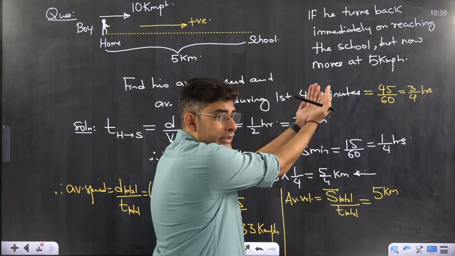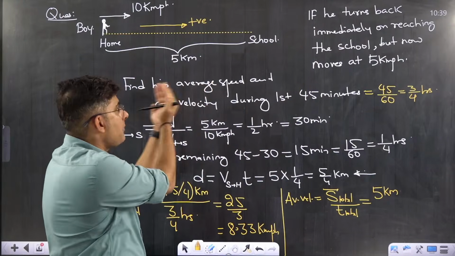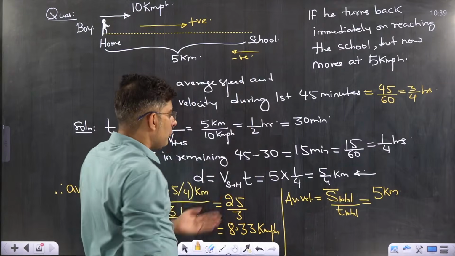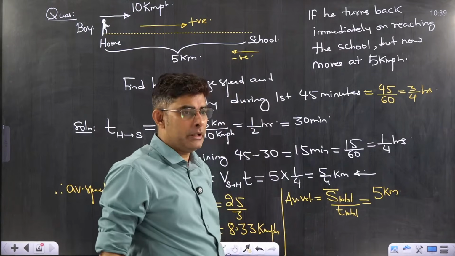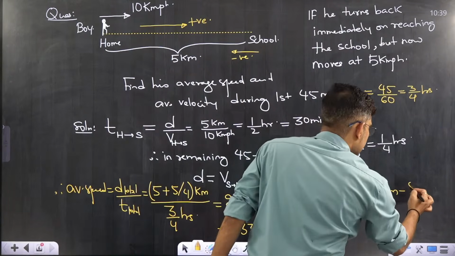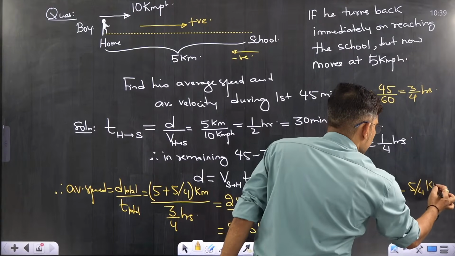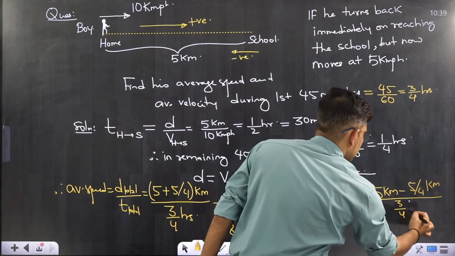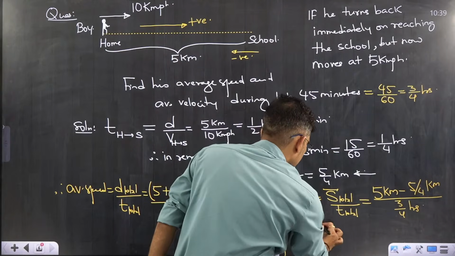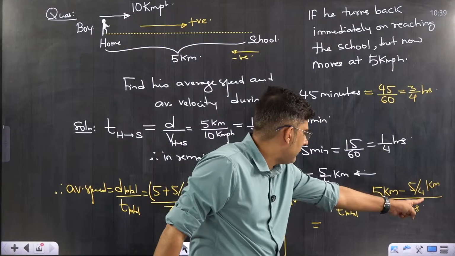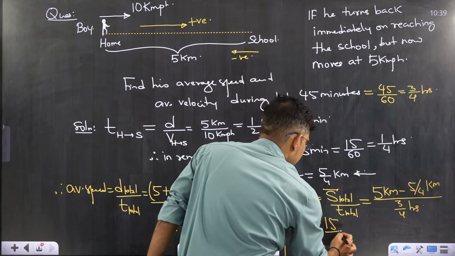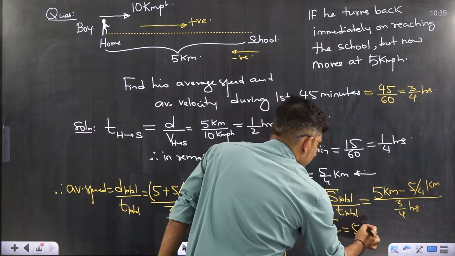But on return he has moved back. So if I take forward as positive, this direction will be negative. He has returned back 5 by 4 kilometers. So 5 kilometers minus 5 by 4 kilometers. Total time is 45 minutes, which means 3 by 4 hours. Taking LCM again, 5 4s are 20 minus 5, 15 by 3, which is 5 kilometers per hour.